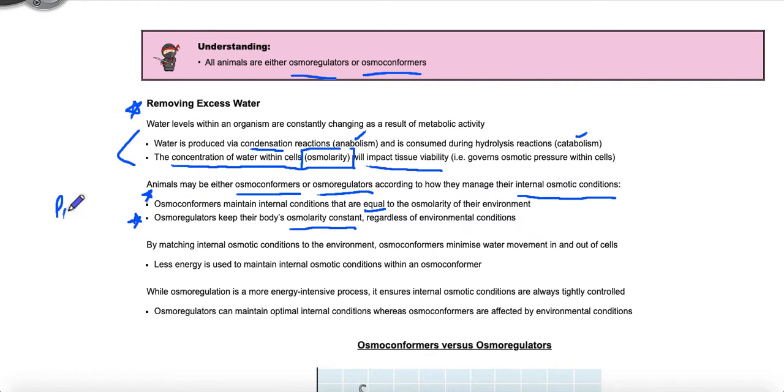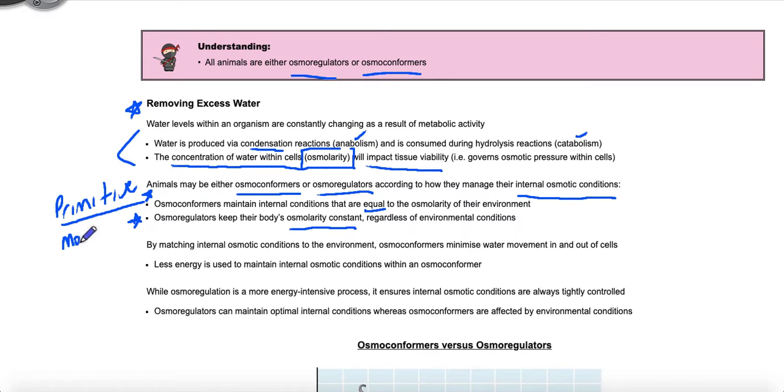So we see that most primitive organisms, and this is the connection to evolution, right? Most primitive organisms that have a long evolutionary history are mostly osmoconformers. They didn't have the ability for that homeostatic control. As organisms evolved, they were able to apply certain mechanisms to be able to keep their body's osmolarity constant.